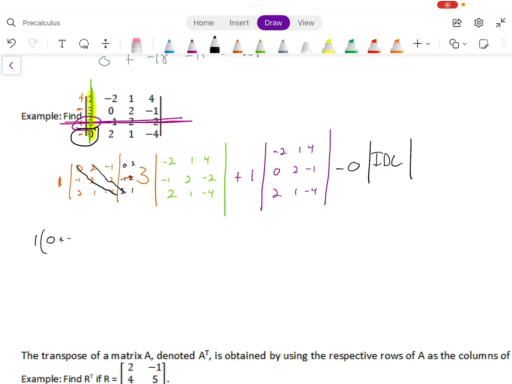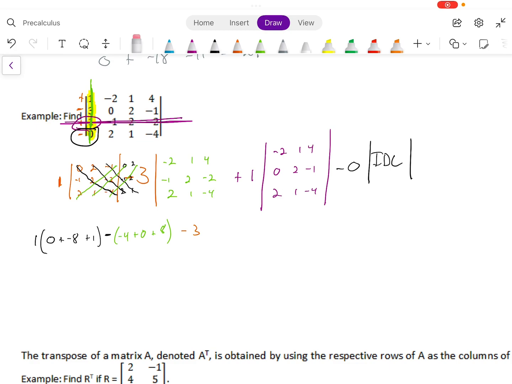Plus -8 plus 1, minus, and we're going to come back the other way, it's -4 plus 0 plus 8. So that's that one. And then we have -3.